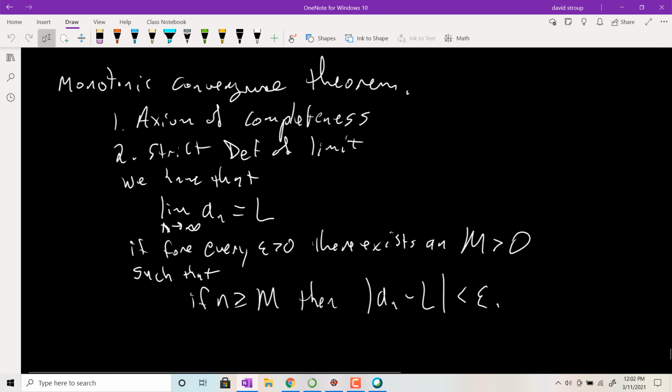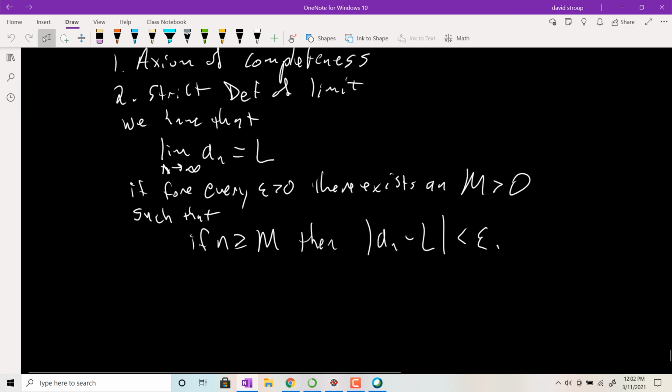Because if you could fulfill this definition, it means that the limit exists, and if the limit exists, it's convergent. We're just going to prove the one case where we have a non-decreasing sequence that is bounded above. So this proof isn't complete, but it'll give you the flavor of what the complete proof would be.